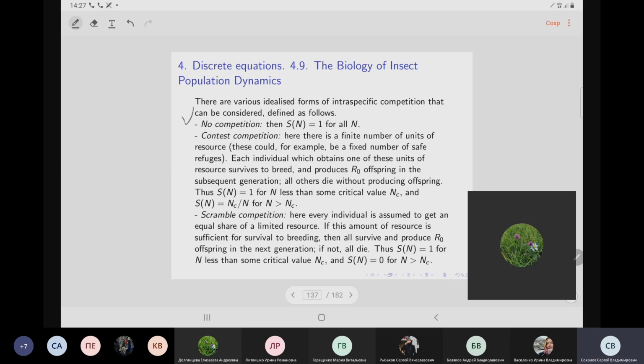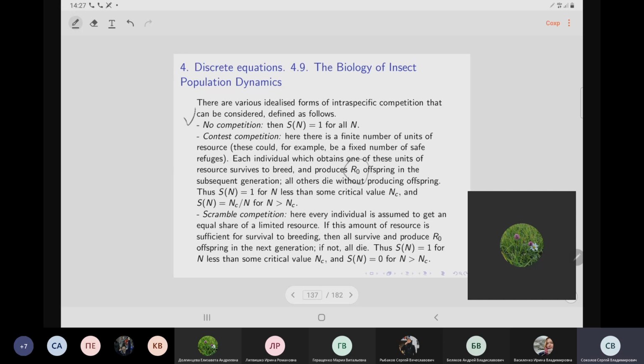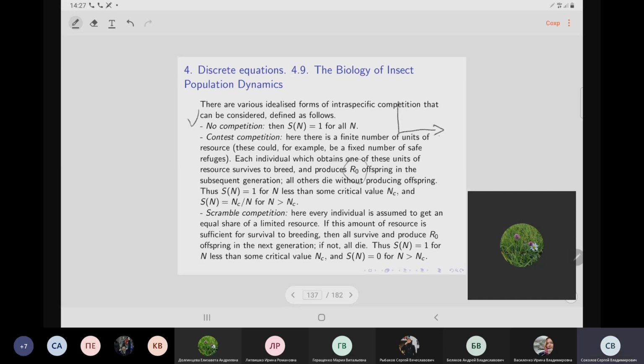So each individual which obtains one of these units of resources survives to breed and produces all R0 offspring. And all others just die without producing offspring. So far, the function S of n.